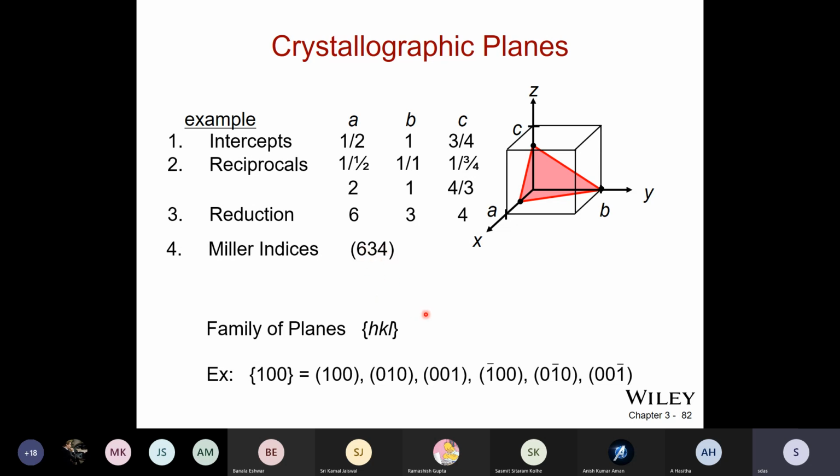I showed you in a cubic system [100], [010], [001], [1bar00], [01bar0], [001bar]. They are directions of a family, or family of directions. Similarly, in a cubic system, 100, 010, 001 and negative of that belong to the same family.